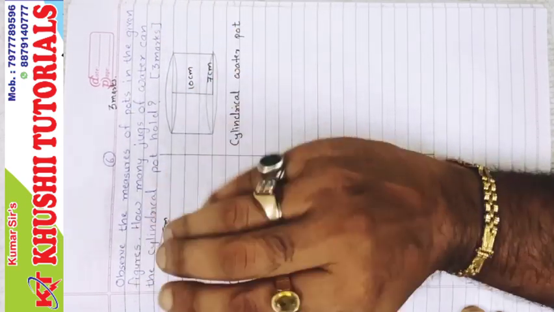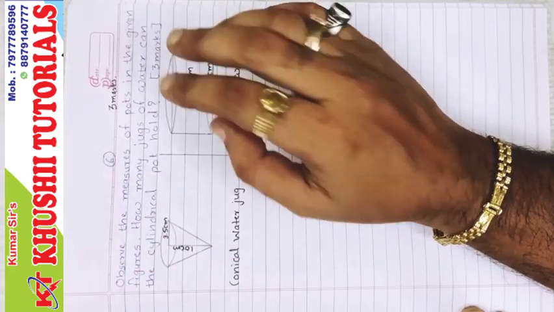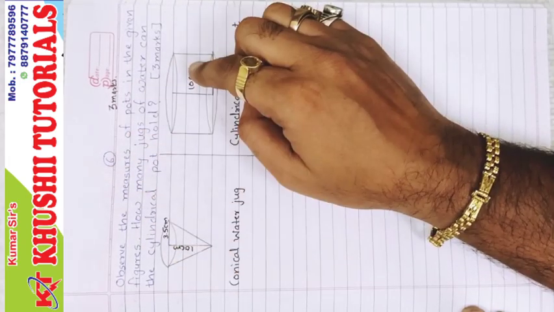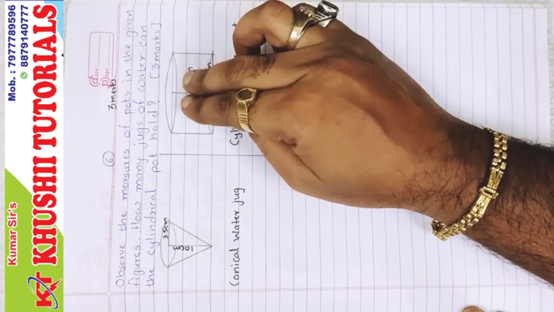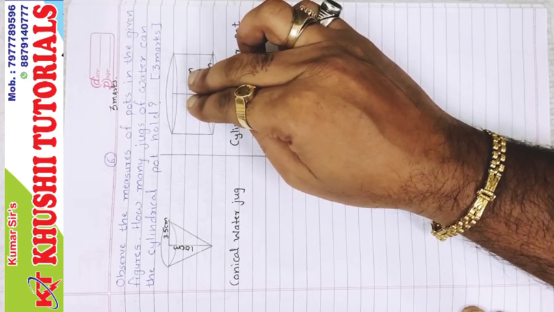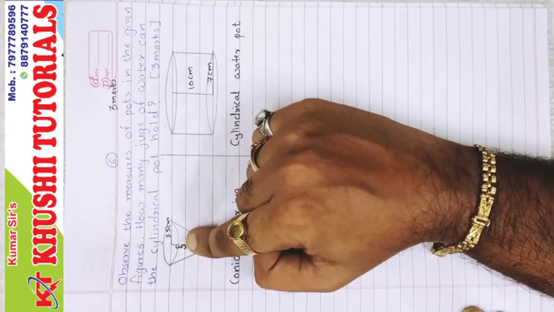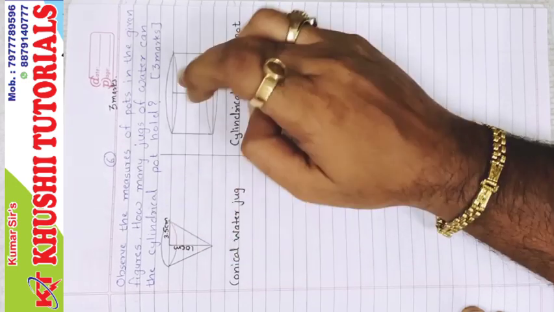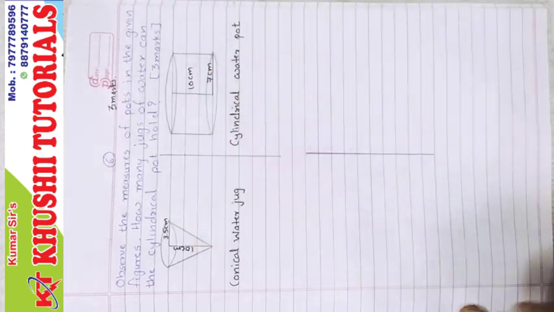If this capacity is 5 liters and the capacity of the tank is still 50, then we have to pour 10 times. In short, we have to divide the volume of the cylindrical pot by the volume of the conical jug.